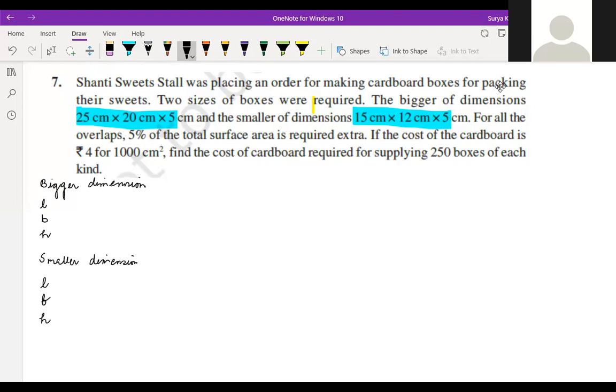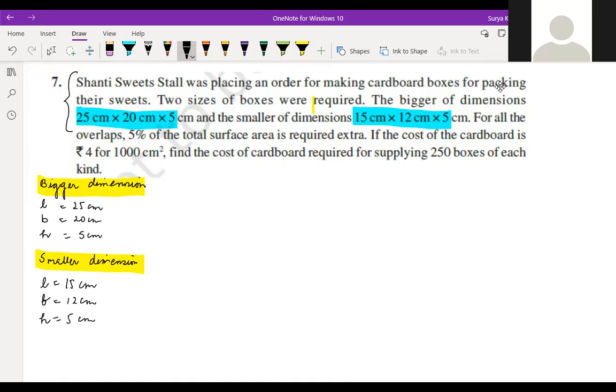So here write 25 centimeter, 20 centimeter, and 5 centimeter. This part is 15, 12, and 5 centimeter. I hope this much is clear to everyone. I have simply written the bigger box dimension and the smaller box dimension. Nothing else is there in this 3rd line; it all comes under these 2 parts.